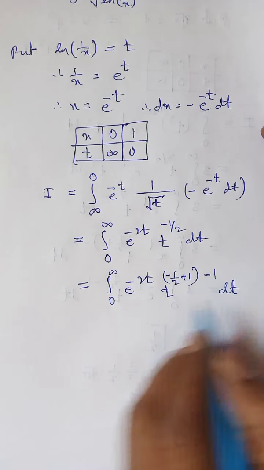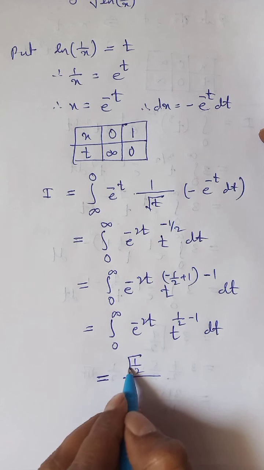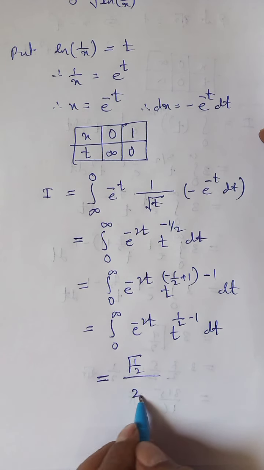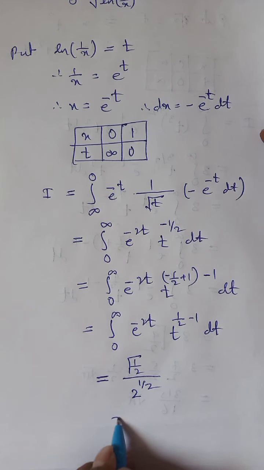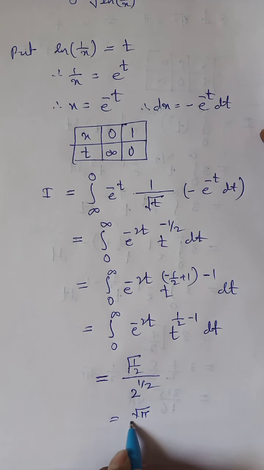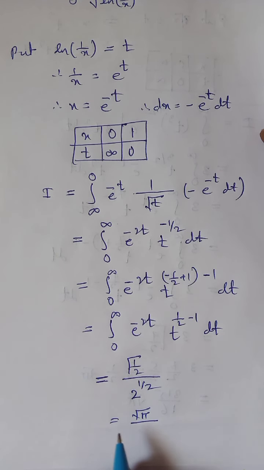Therefore, the value of this integration using that second definition, k is 2, n is half, so it is gamma half divided by k to the power n, that is 2 to the power half. Gamma half is root pi, so this is root pi by 2 to the power half, which means root 2, so this is equal to root pi by 2.